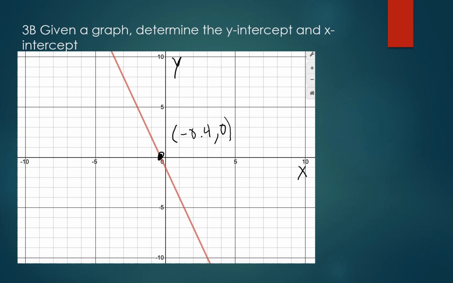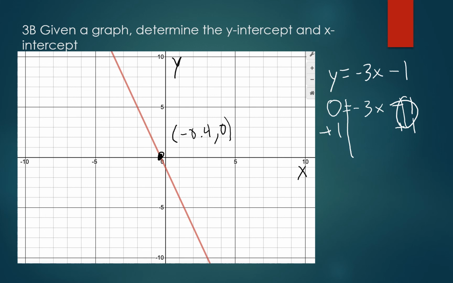We found out that our equation is y equals negative 3x minus 1. I know that my y is always going to be 0 for my x-axis, so I'm going to substitute 0. Now I'm going to go ahead and do the inverse operations. Plus 1, plus 1, negative 1 plus 1 gives me a 0 pair. 0 plus 1 gives me 1, which is equal to negative 3x.